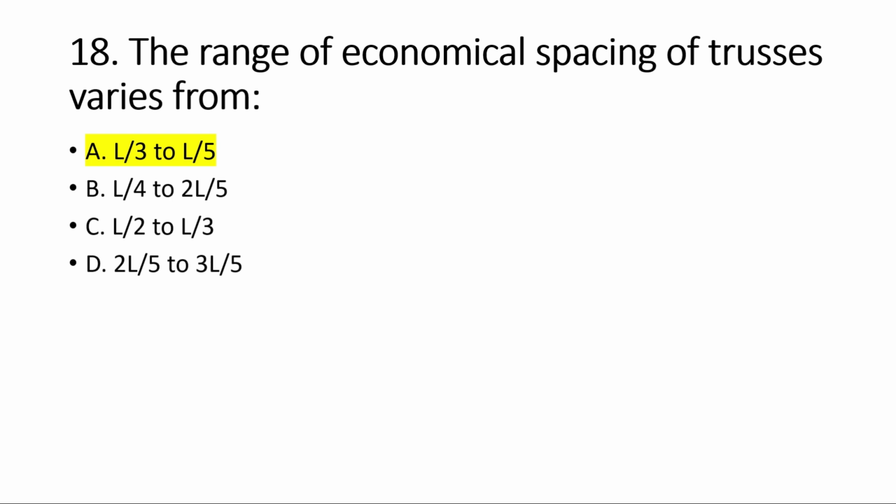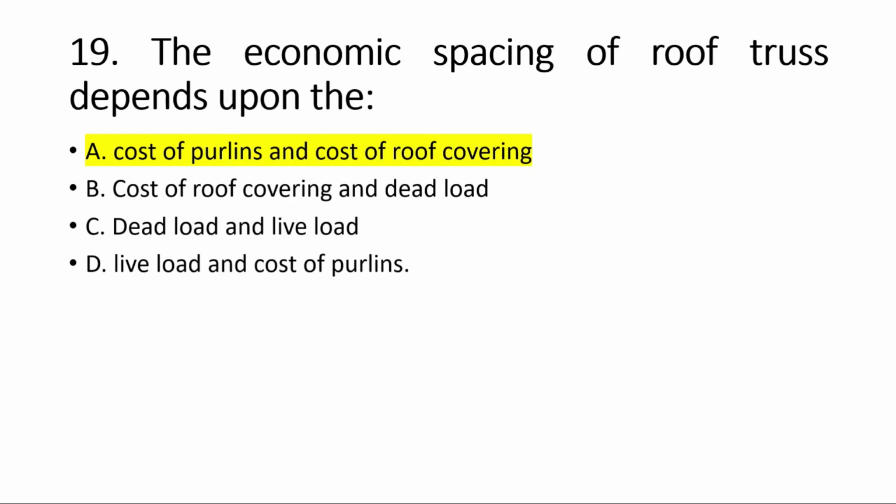And for beyond 15 to 30 meters, 1 by 5 of the span will be adopted. So the economical range of spacing of truss varies from L by 3 to L by 5. In this regard, option A is correct.